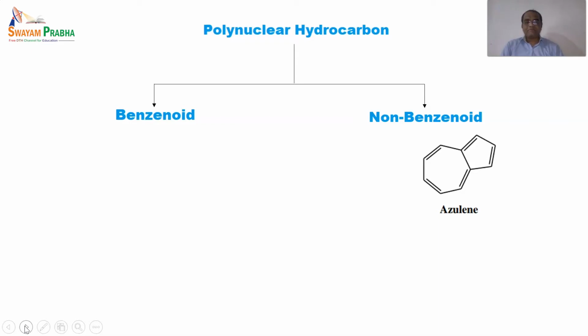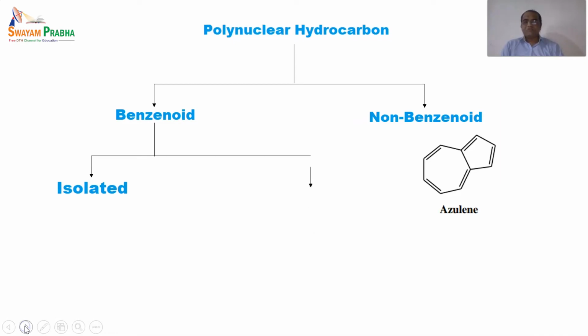Though it does not have a benzene structure, it is aromatic, because all the carbons are sp2 hybridized, they are planar, and the number of pi electrons is 10 in the case of azulene, so it is an aromatic structure.